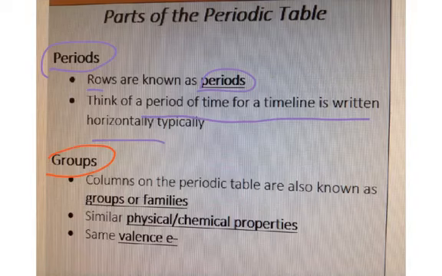It's actually the ones in the columns, with further numbers from each other, that have similar characteristics. You do absolutely need to know that groups or families or columns have very similar characteristics. The whole reason why is because of valence electrons, which we'll talk about. They all have the same number of valence electrons as a group or a family.